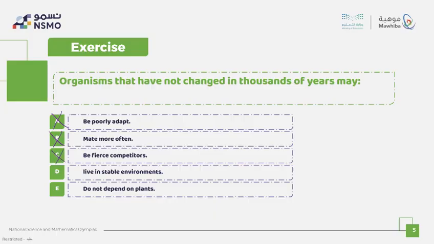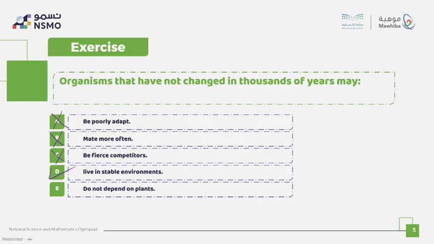What about D? Live in stable environments. Okay, and I see this is right. Why? Because a stable environment means no need for a new adaptation. So that would be all right. Let's see E. E says don't depend on plants.